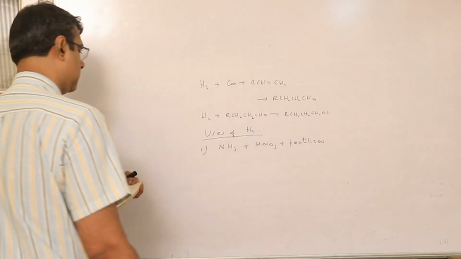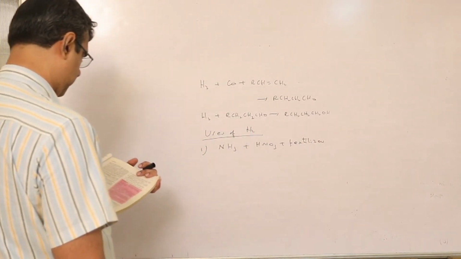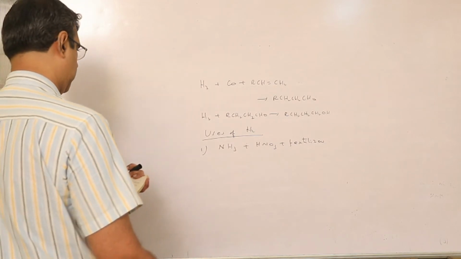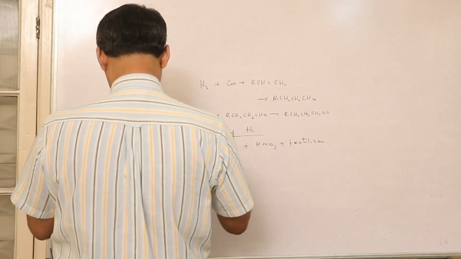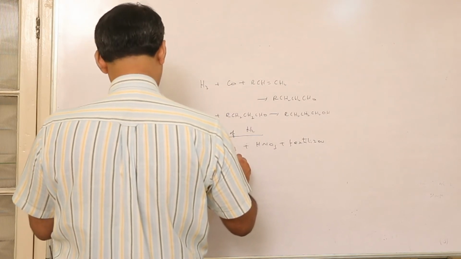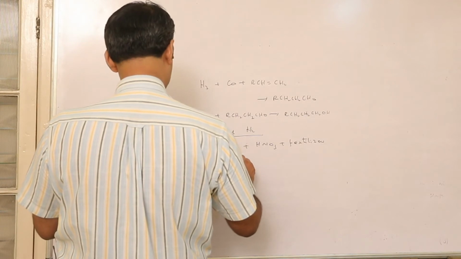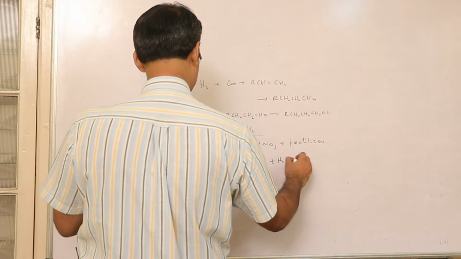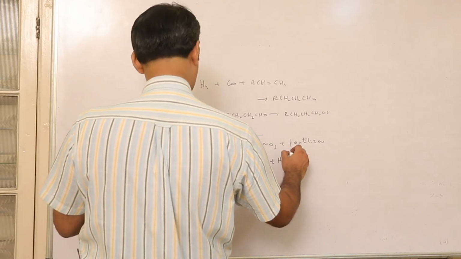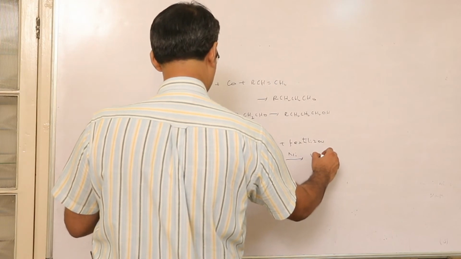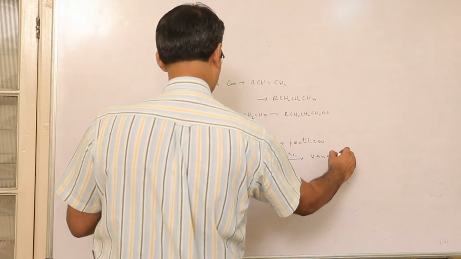So hydrogen is primarily used to manufacture ammonia, which in turn is used to manufacture HNO3 and fertilizers. So second one is that you can start with vegetable oils, which I was telling you, and you can convert them into vanaspati ghee.